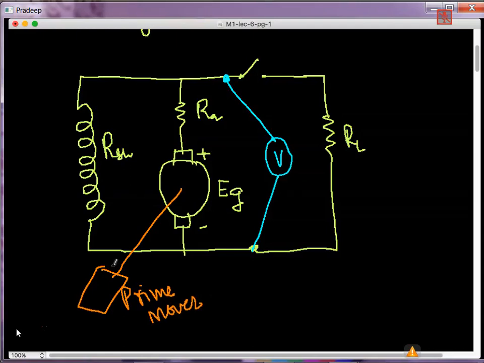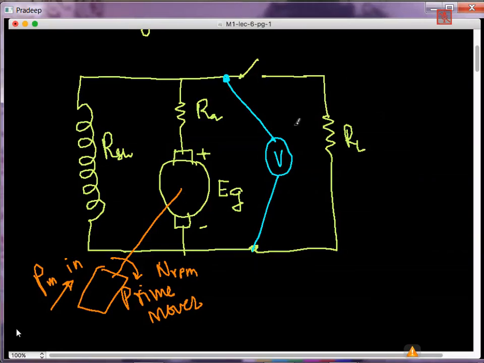This prime mover is giving the mechanical input, P mechanical input. It is rotating the rotor or the armature at n revolutions per minute, n RPM. n may be 100, 200 or 500, whatever, it is physically rotating it.